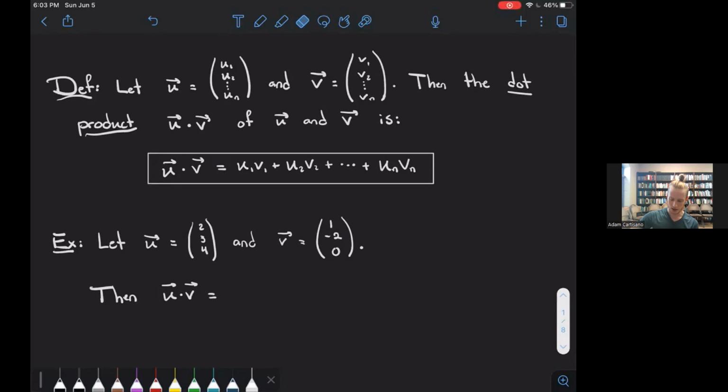Okay, strange thing. Now, the most important thing to notice about the dot product is that, wait a second, I just defined the product of two vectors, and the output looks an awful lot like a number. It is. In fact, this is a number, a real number. Not another vector.